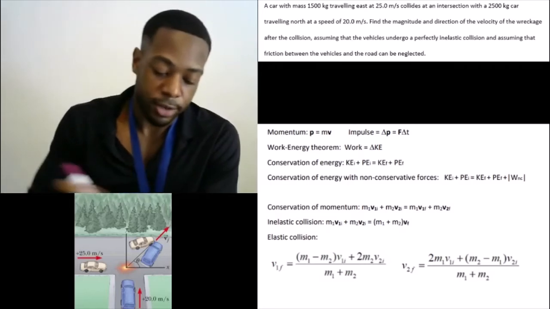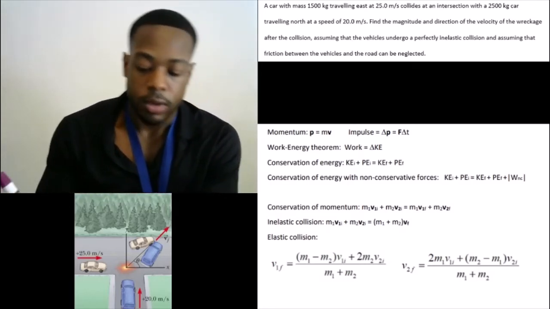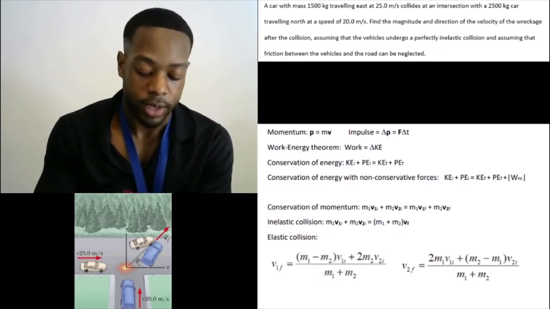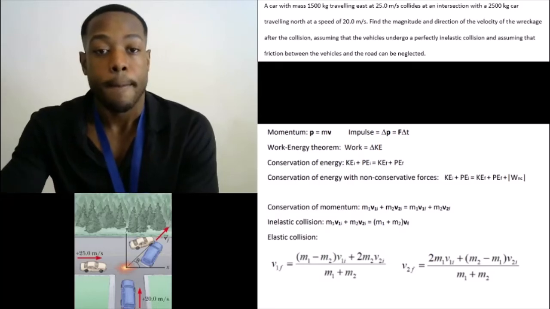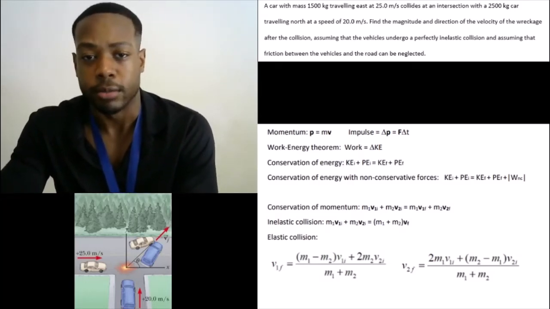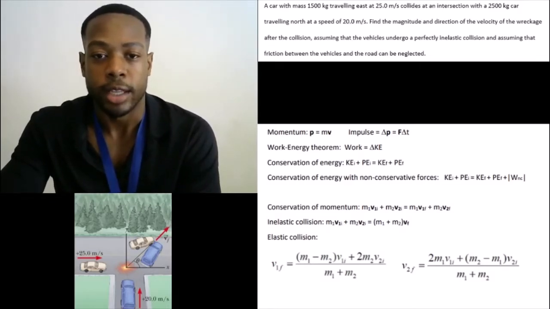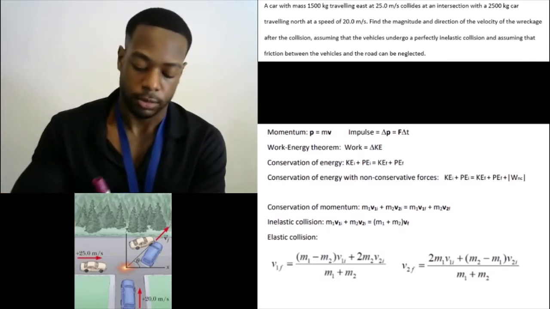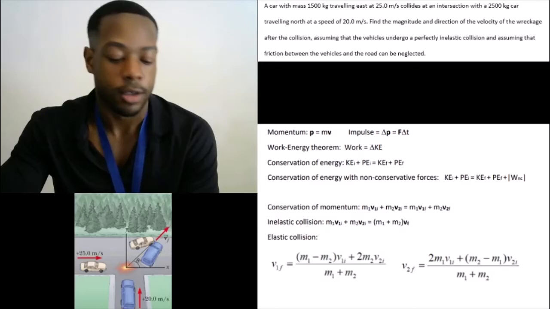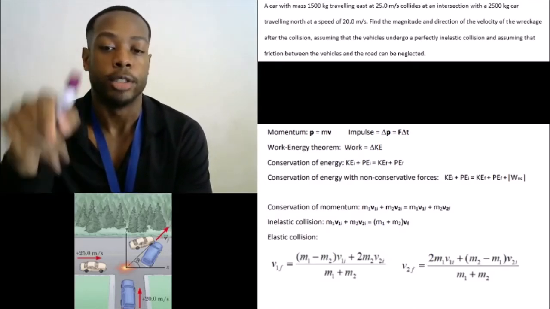We can plug in our values. Mass 1 is 1500. Velocity 1, which is in the x direction, is positive 25. Mass 2 is 2500, but velocity 2 is what? We're looking in the x direction, what is velocity 2? It's 0, right? There's no x velocity for car 2, which is going straight up in our picture.